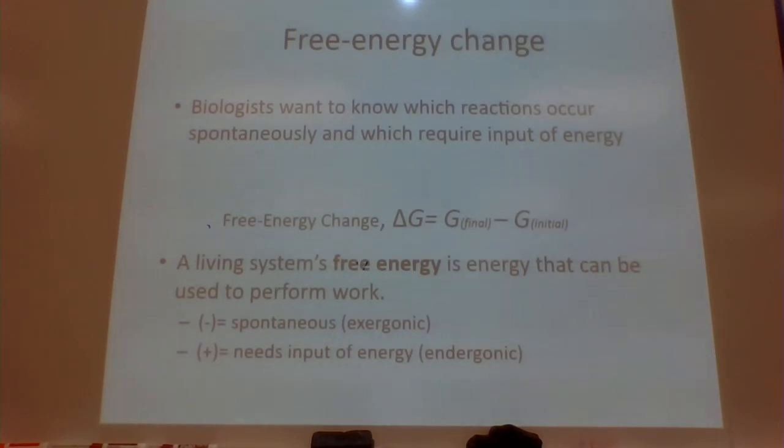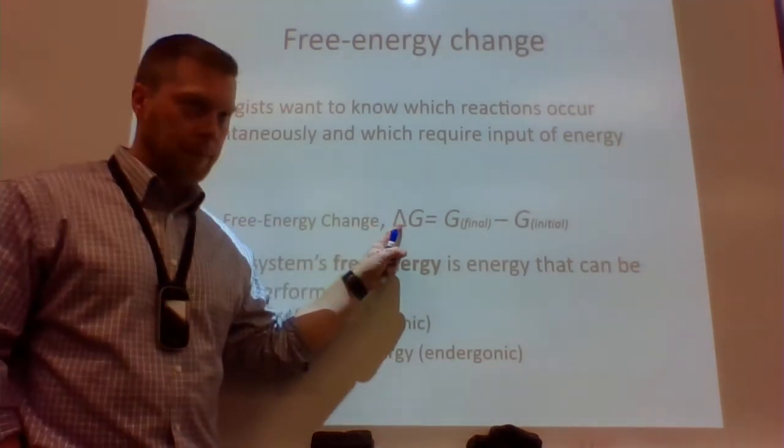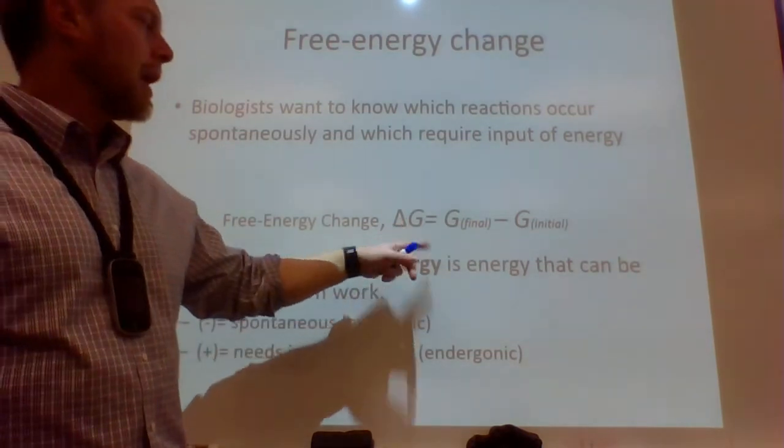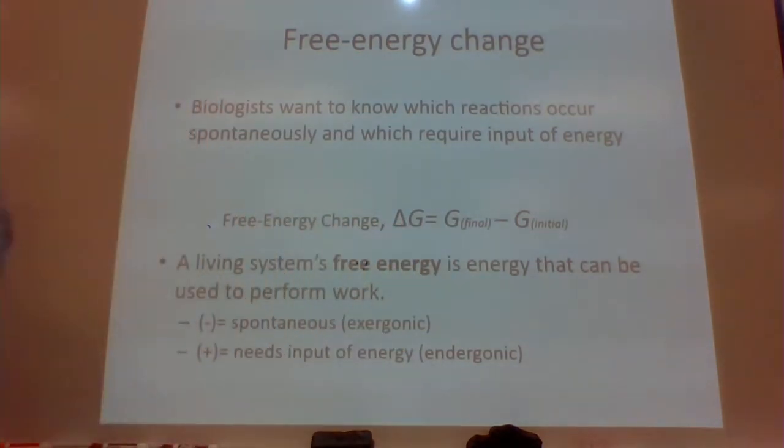So when we look at any type of energy conversion, we usually measure something called delta G. And delta G is the change in free energy. And the math here is extremely simple. There's a bunch of really complex equations that you can use.